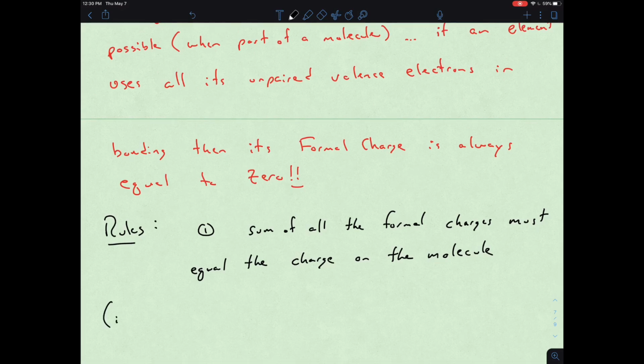So if it's a neutral molecule, then all formal charges sum up to 0.